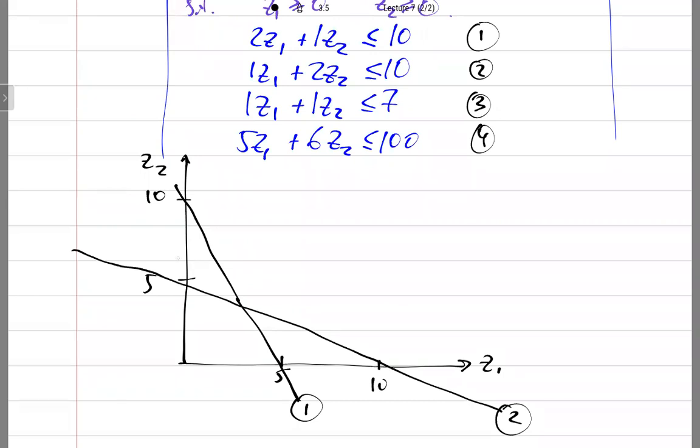In my case, I'm sure that 7 is closer to 5 than to 10, so my line will go like this. That's important, where intersections are located.